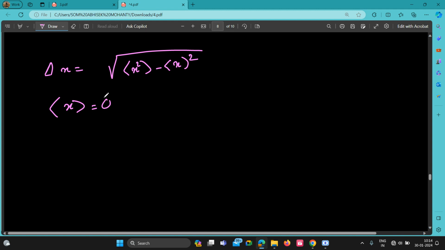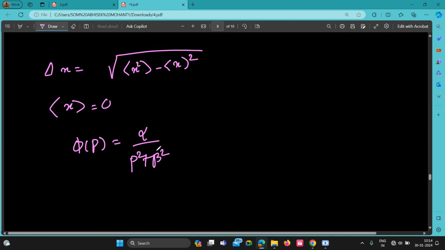Okay, so we know delta x is the square root of expectation of x square minus expectation of x square. The expectation value of x will be 0. Here in momentum space it is given phi p is equal to alpha by p square plus beta square.